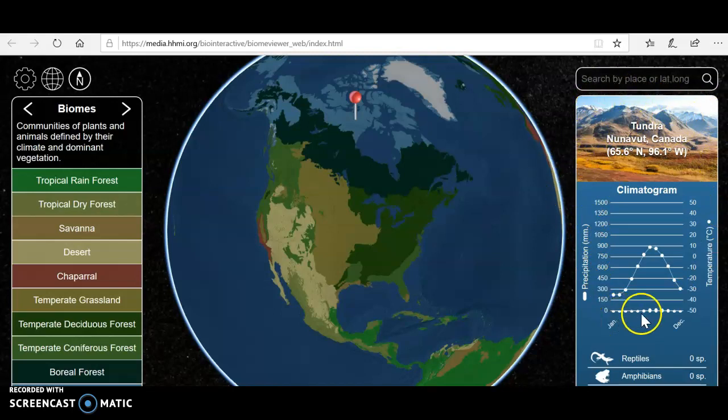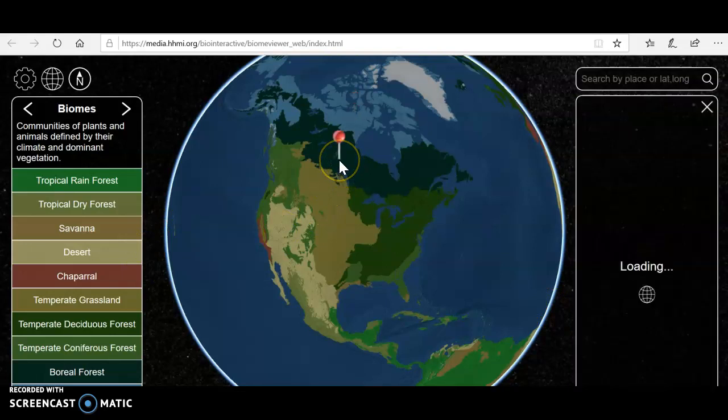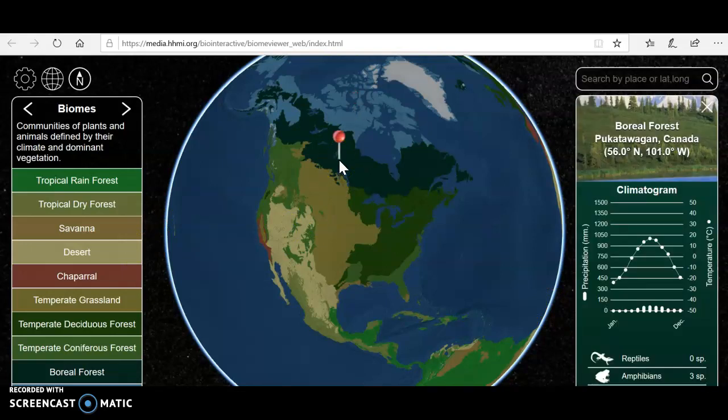And this is important to note because if you look at all the different biomes and the different climatographs, you'll notice a difference when you compare them. And basically this is how scientists determine what biome an area is in, is by looking at its climate data.